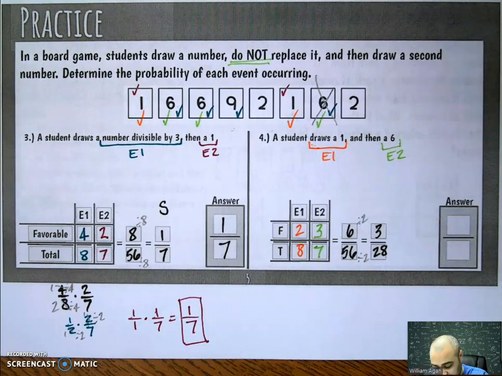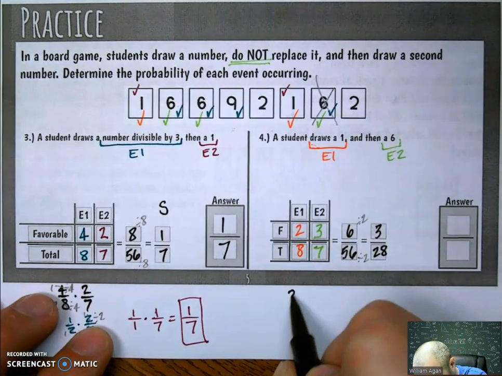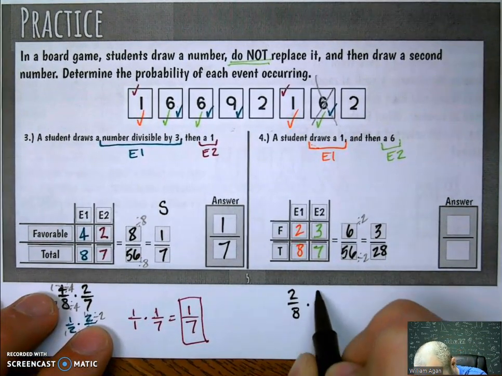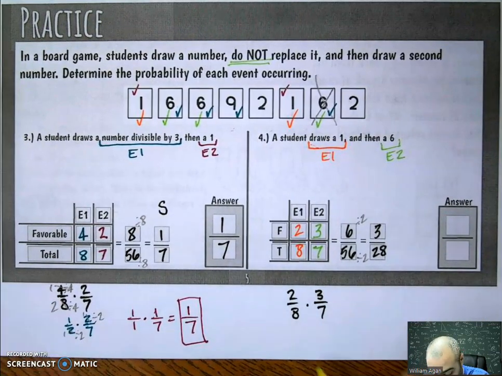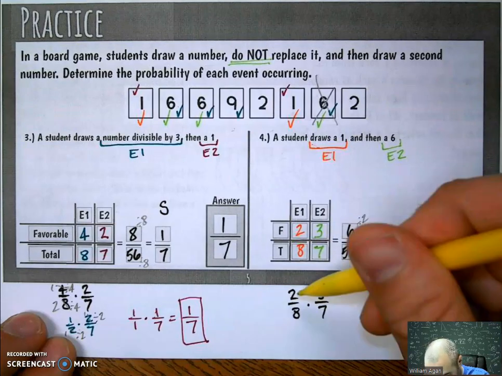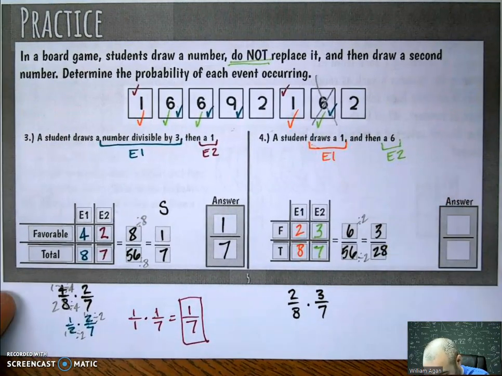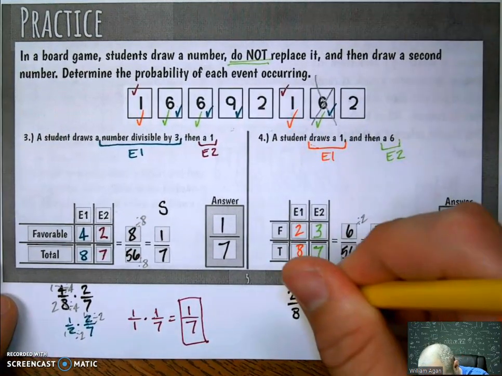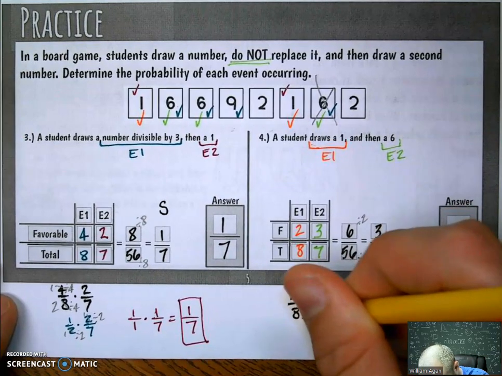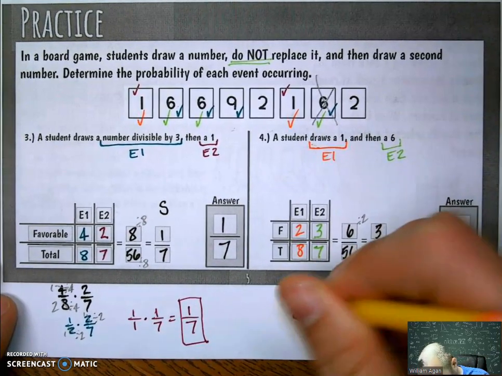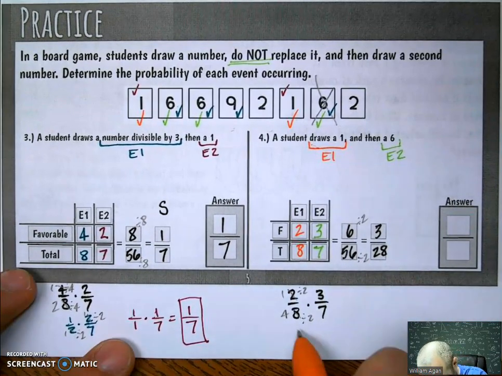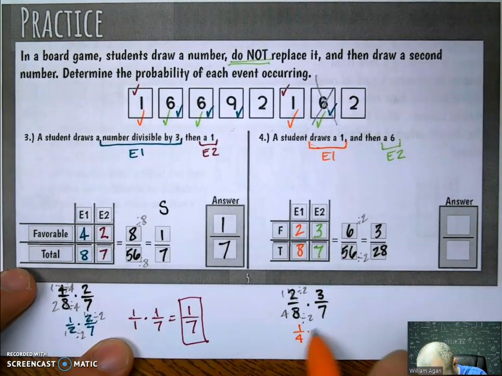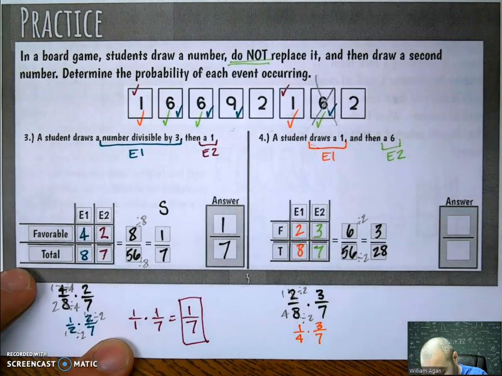Okay, let's look at it this way though. You have 2 over 8 times 3 over 7. What can I simplify before I multiply? Okay, 2 and 8, definitely, just like I did in one of the other ones. They're both divisible by 2. 2 divided by 2 is 1, 8 divided by 2 is 4. So now I would have 1 over 4 times 3 over 7.